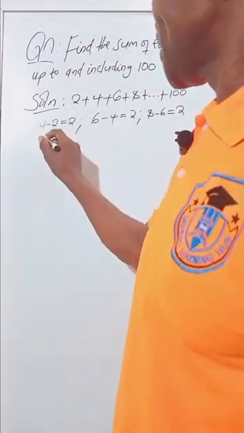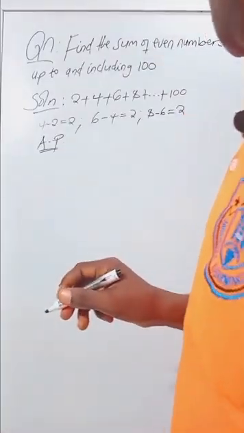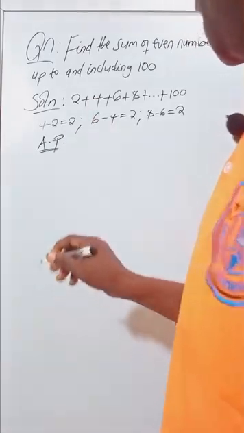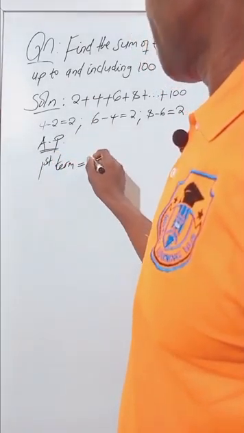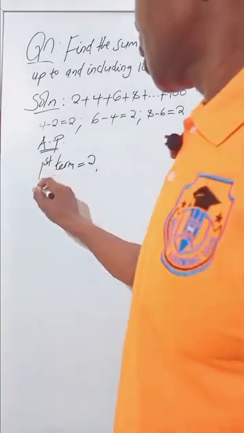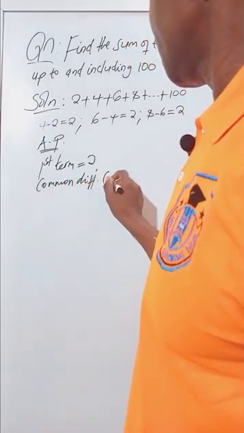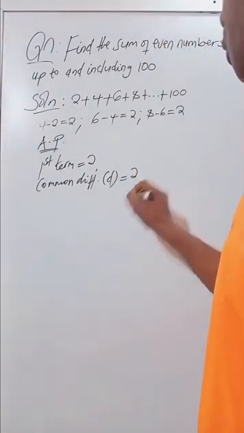That our series is an arithmetic progression. So if this is an AP, what is our first term? Our first term will be equal to 2. Our common difference will also be equal to 2.